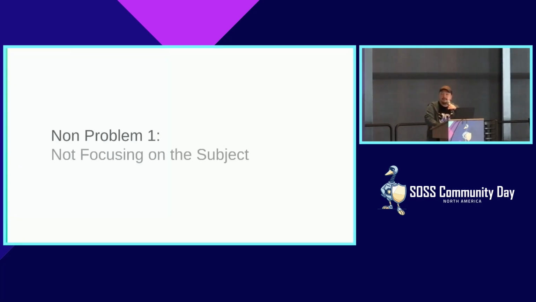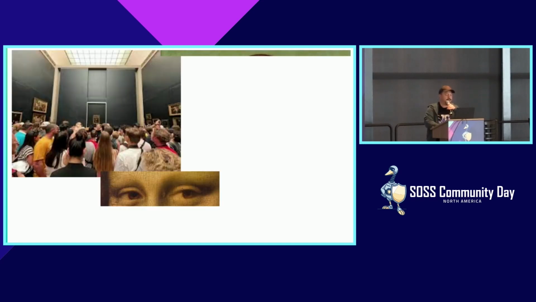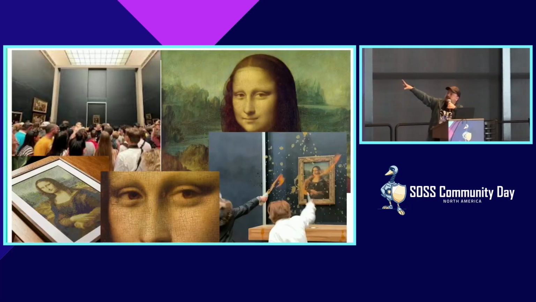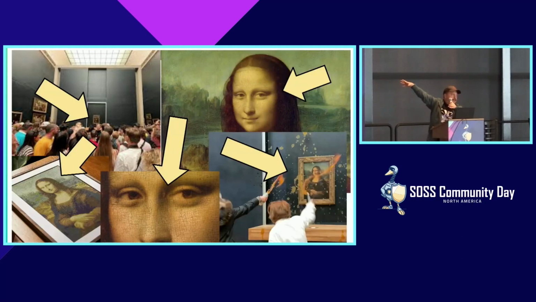For example, focusing on the subject, you'll generate an SBOM, and one tool will give it identifiers which don't match the SBOM from another tool. If you take all of these pictures of the Mona Lisa, they're different pictures. They all look different. They're trying to capture different things, but you can find the Mona Lisa in all of them. And we should be able to do that with SBOMs no matter how they're structured.